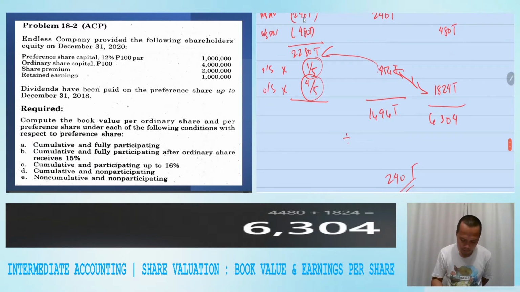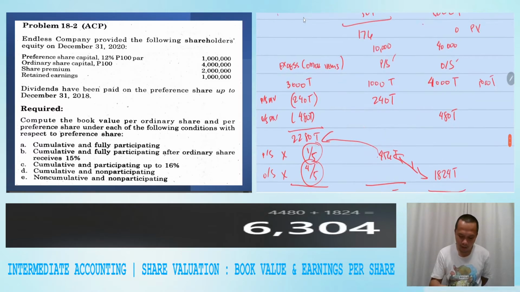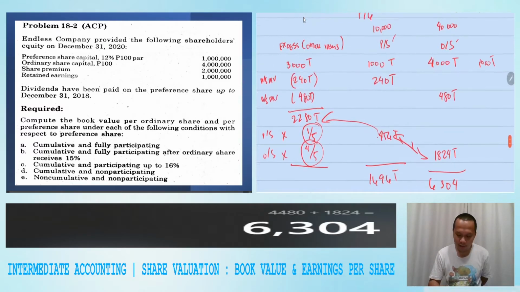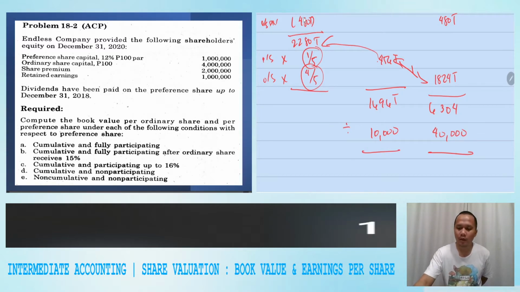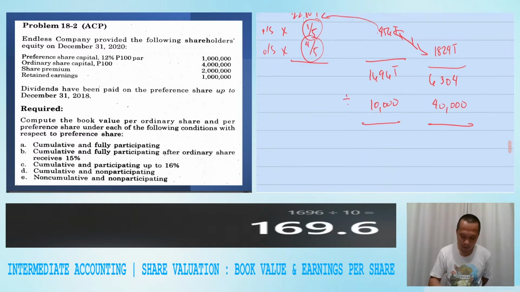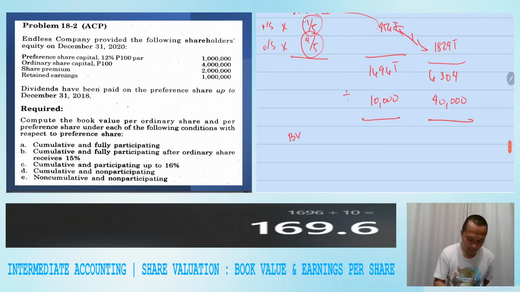Divide this by your ordinary shares outstanding of 40,000, and 10,000 for our preferred shares. So 1,696 divided by 10, the book value per share of your preference share, we have 169.6.